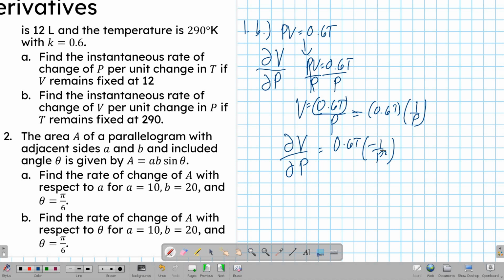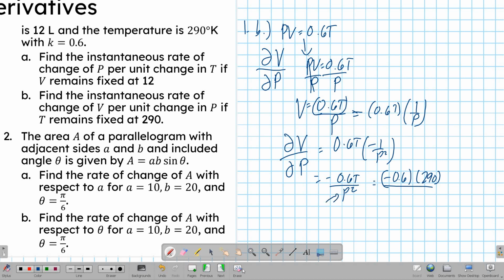So combining this, we have negative 0.6T over P squared. And we're asked to find the instantaneous rate of change of V if T remains fixed at 290. So we're going to have negative 0.6 times 290. Now, what about P? We need a value of P here.